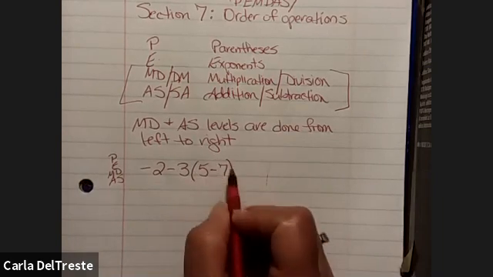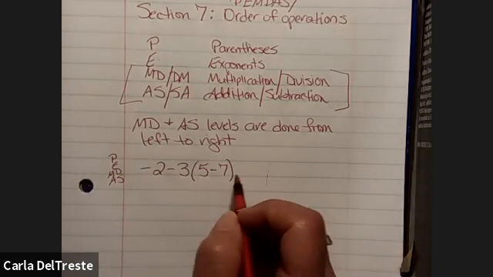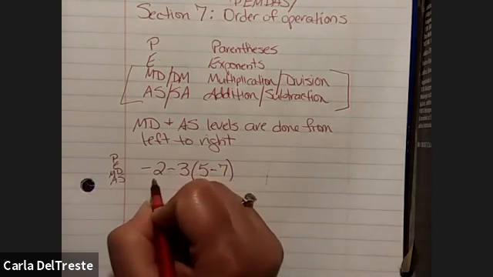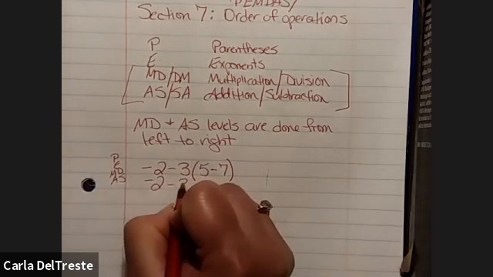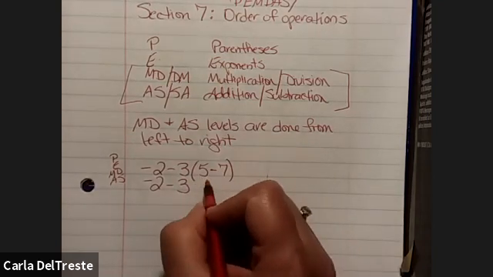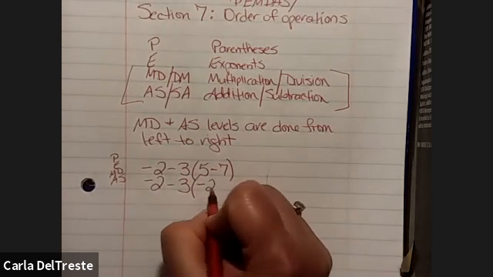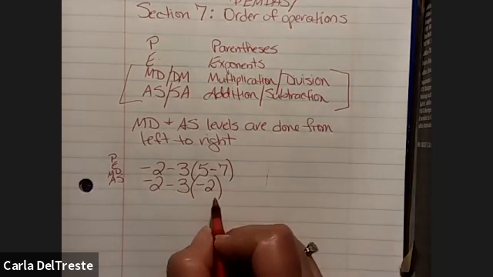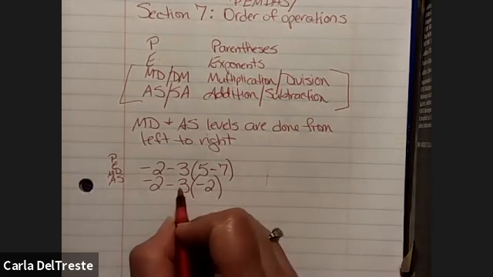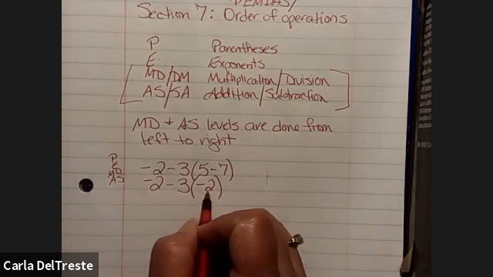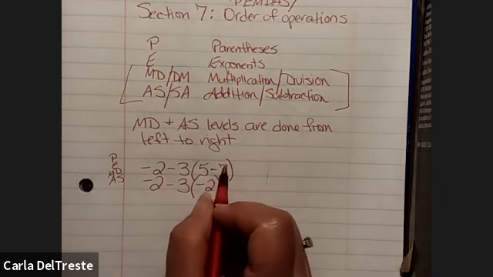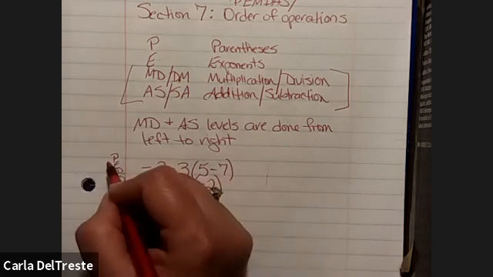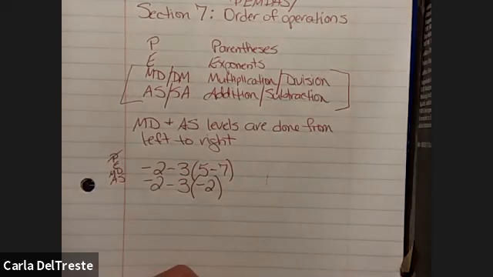I do have parentheses here, so I'm going to work from the inside of the parentheses. Nothing else changes right now. So inside the parentheses, 5 minus 7 is -2. I'm not removing the parentheses until I actually work with it. So the first step is done. Whatever's inside the parentheses are done. Okay, I can cross that off.